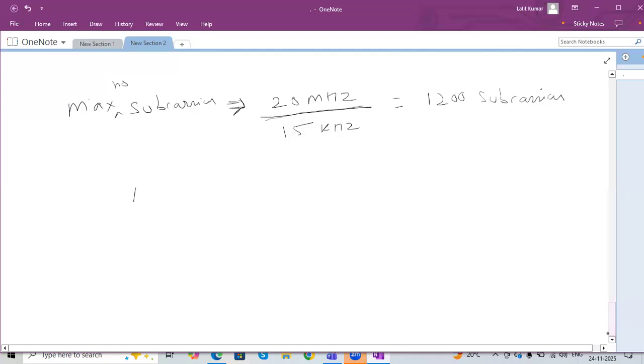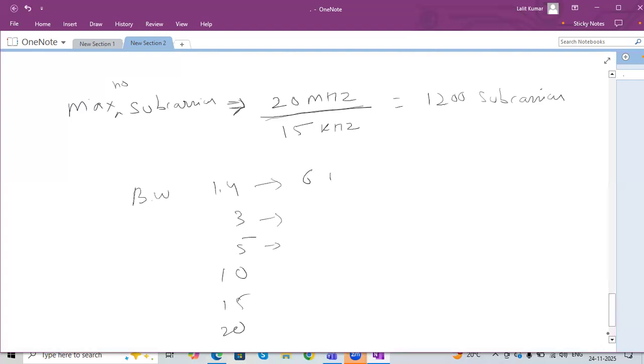Also, for LTE bandwidths of 1.4 megahertz, 3 megahertz, 5, 10, 15, and 20, how many resource blocks will be there? It depends upon the band: 6, 15, 25, 50, 75, and 100 resource blocks.